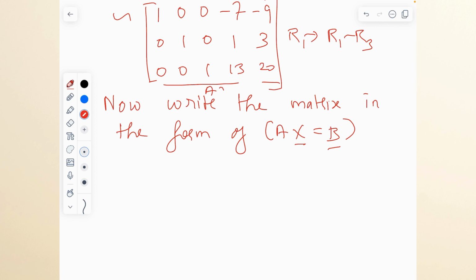So this is A and this is B. Now split and write, let us see what will be coming.